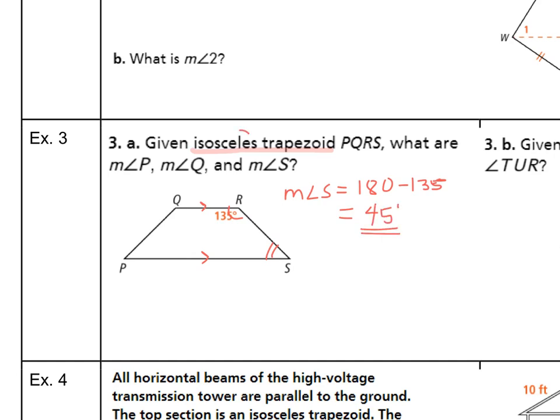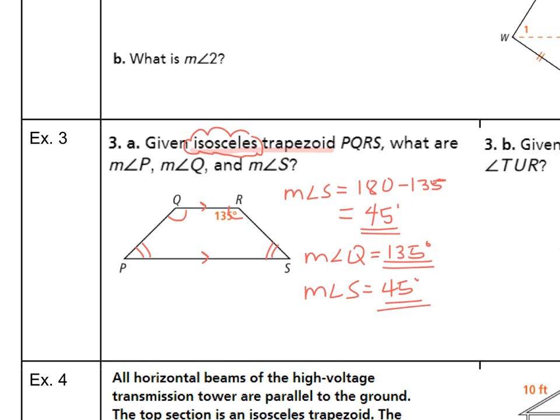But then that word isosceles, remember that lets us do a couple other things. In an isosceles trapezoid, the two angles at the top are the same. So angle Q is congruent to angle R. That makes angle Q 135 degrees. Pretty easy. And then down below, angle P on the left-hand side is going to be congruent to angle S. That's a unique rule about isosceles trapezoids.